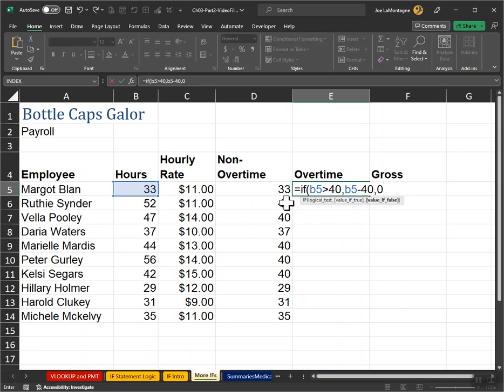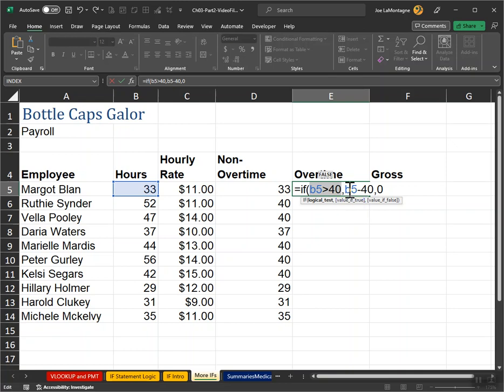So again, to look at this equation, we are looking for those folks who have worked over 40 hours. They are going to get overtime. Now, they're not going to get 40 hours of overtime unless they worked 80 hours. So here we want to determine how many hours they actually have worked.